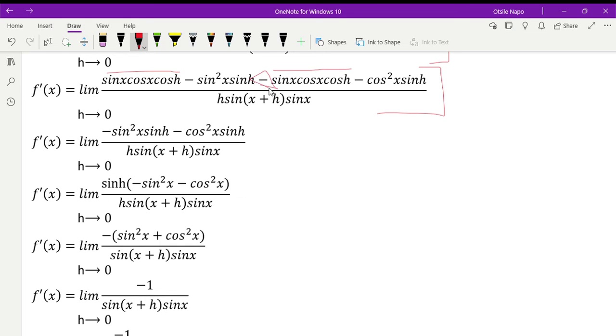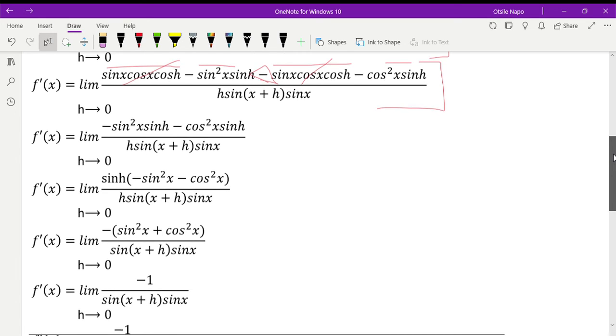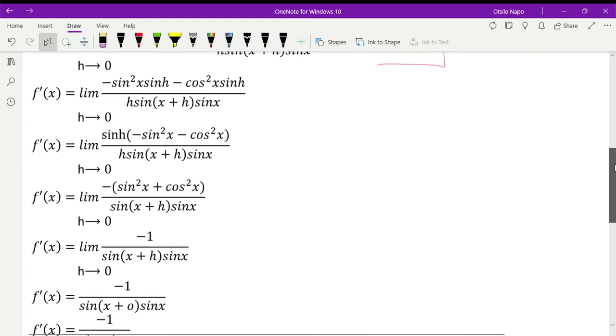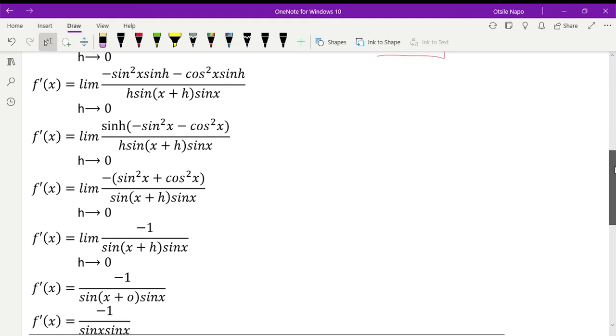So this is going to cancel this, then we will be left with this and this. We don't make any changes in our denominator, so we just leave the denominator as we got it.